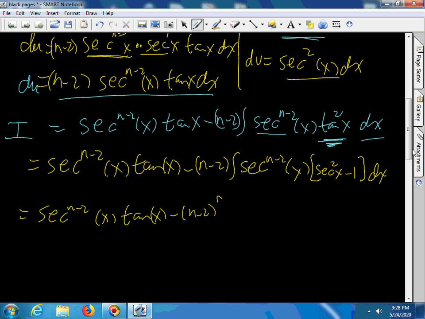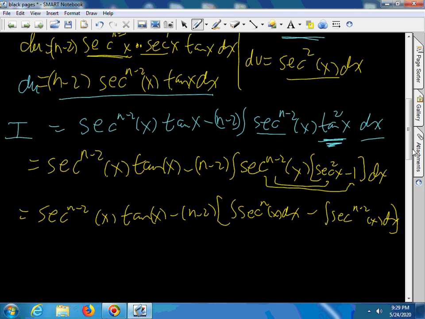So we get this minus n minus 2, and when I multiply those out, magic happens. I get back secant raised to the nth power of x dx minus, look how beautiful, I get a lower power now. Same form, secant power of x dx, but the power was reduced.